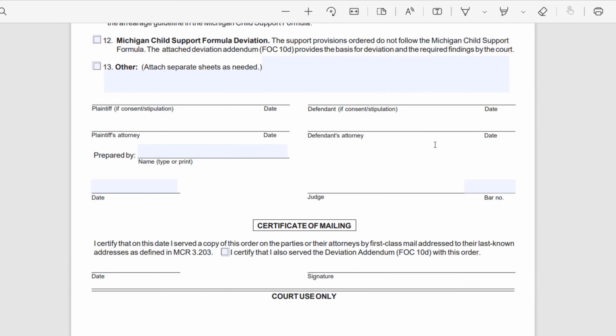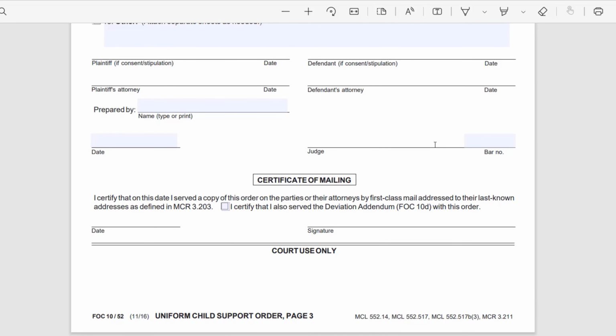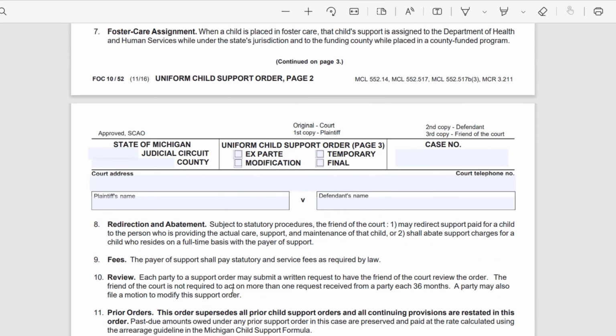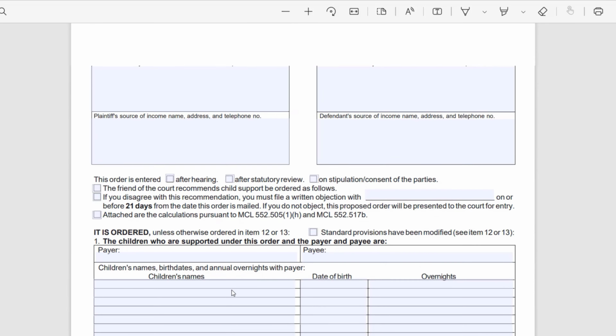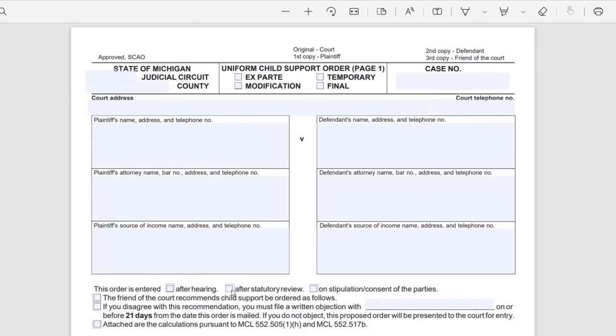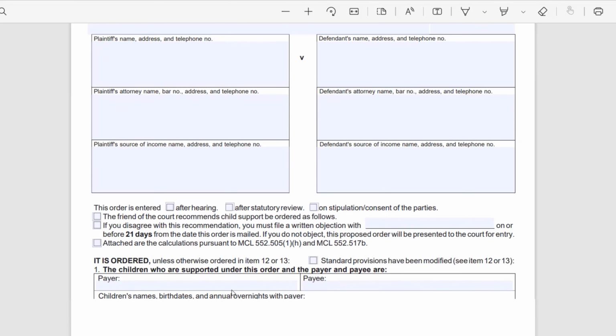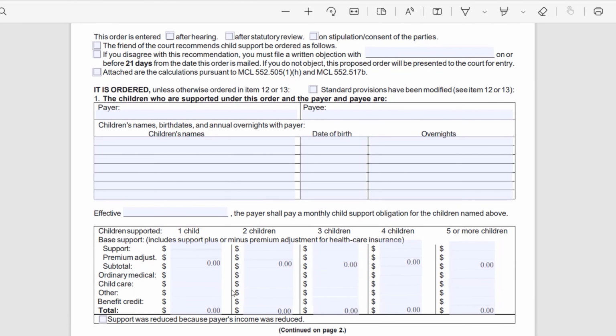One thing that's important to note is that the Uniform Child Support Order, the FOC 10, the one we're looking at right here, is the actual court order. The Deviation Addendum is just an add-on making certain findings. This is the one that gets filled out, and once it's signed by the judge, it's the one that's going to be enforced by the Friend of the Court.